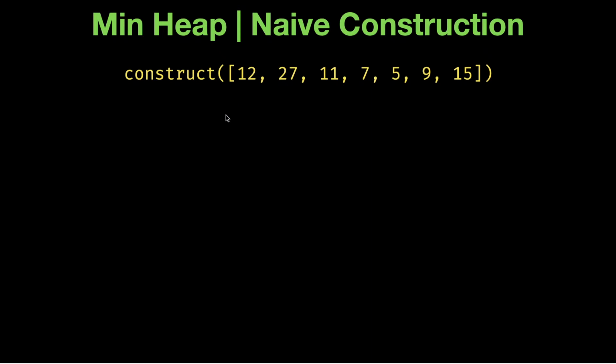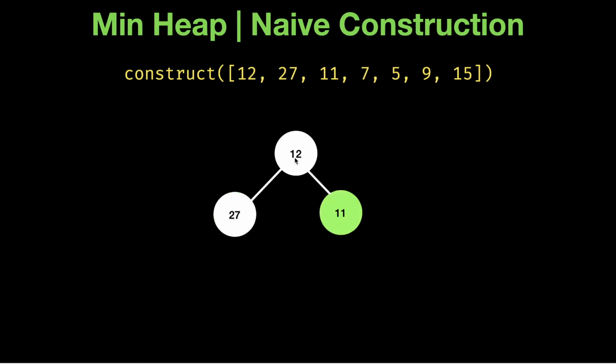and we need to construct a min heap. So first of all, we insert 12, we insert 27, we insert 11 as the rightmost node, and then here we can see that this violates the heap invariant property, because 11 needs to be here and 12 needs to go down.